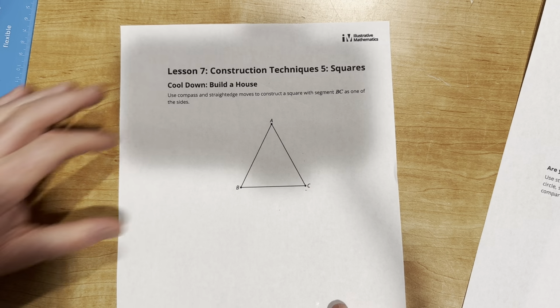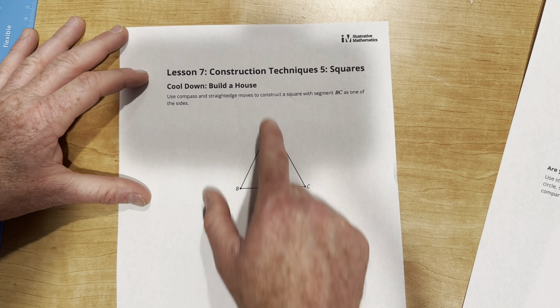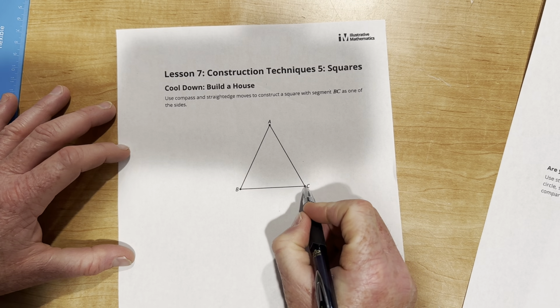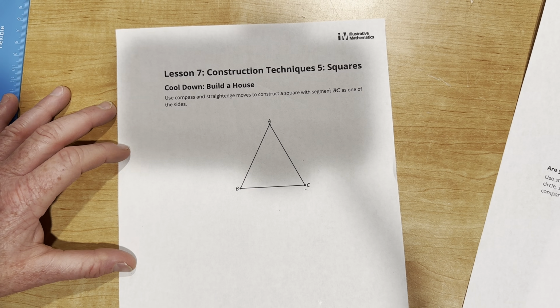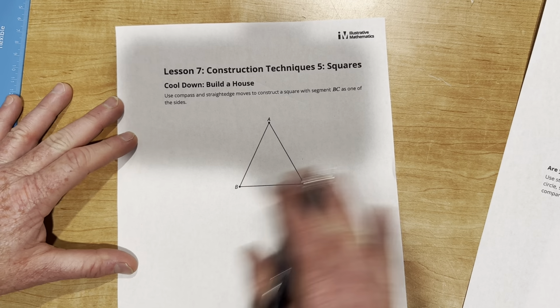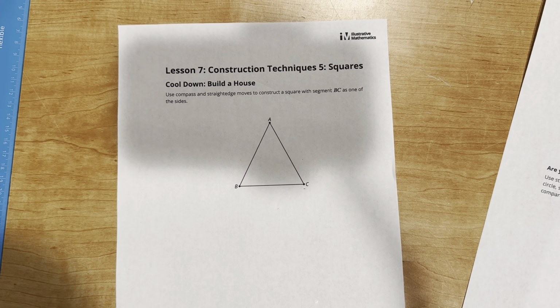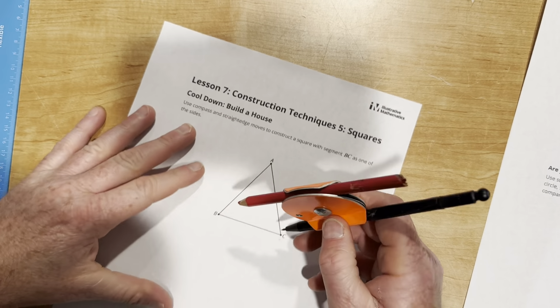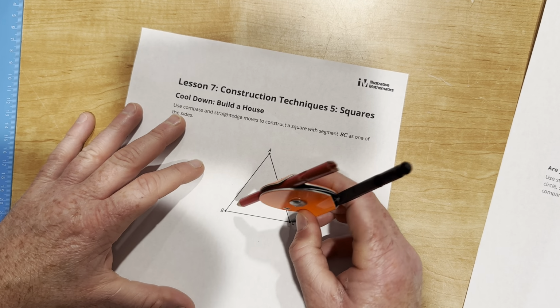They tell us to use a compass and straight edge to construct a square where BC is one of the sides. So what we're going to have to do is first set our compass to BC. We could also set it to CB.